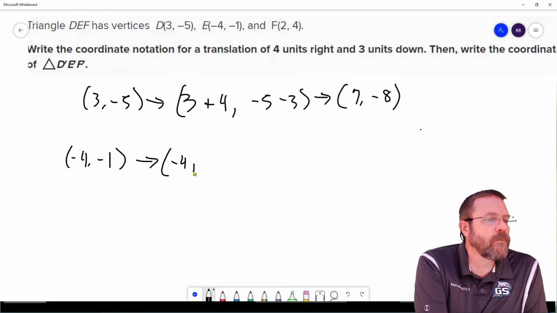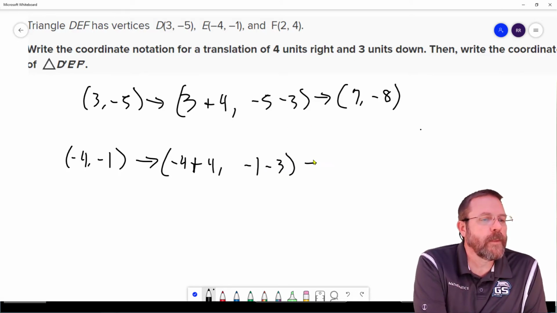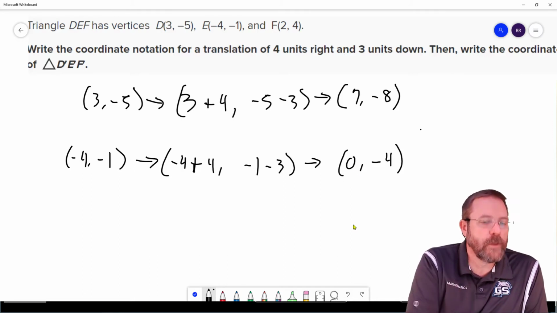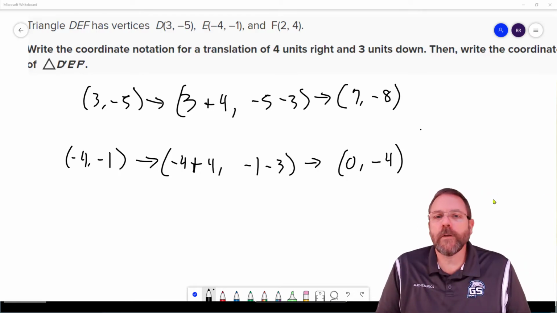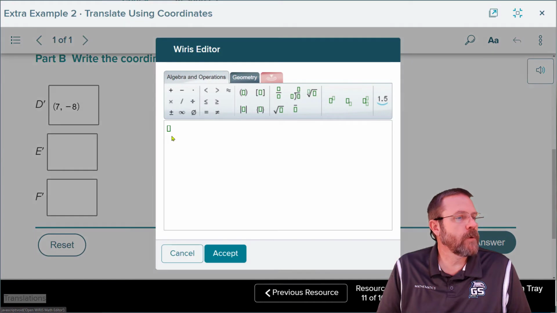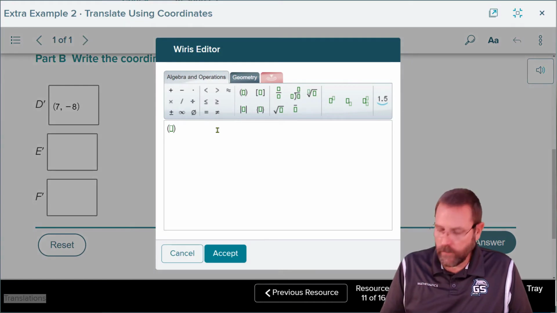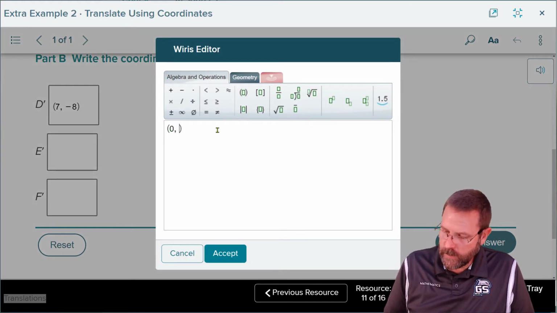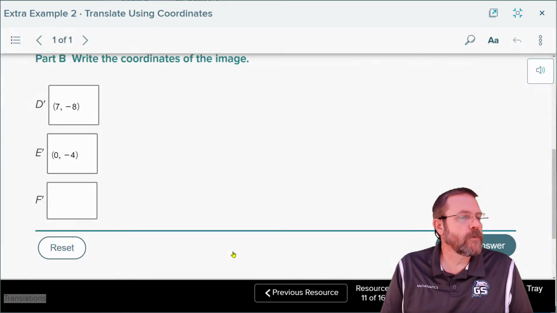So it's going to be negative 4 plus 4 comma, and then negative 1, 3 units down, minus 3. That takes us to negative 4 plus 4 is 0, comma, negative 1 minus 3 is negative 4. So my next point is going to be located at 0, negative 4, which we can put in right here. Parentheses, 0, comma, space, negative 4, accept that.